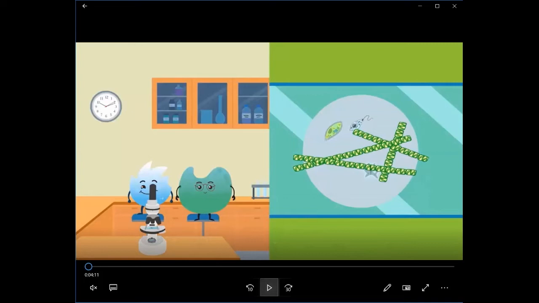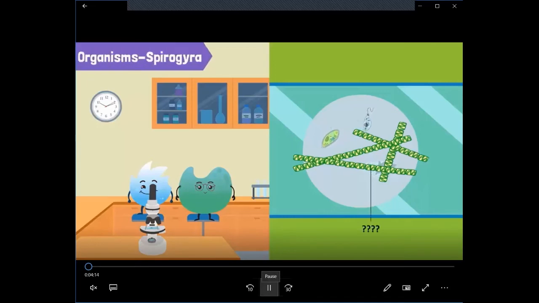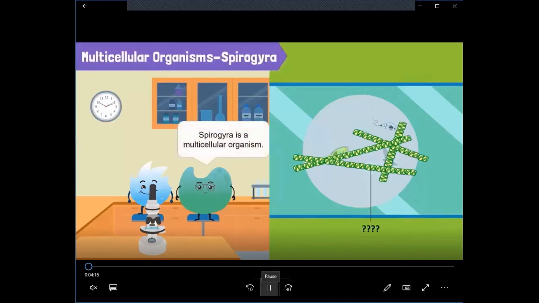No, they are not unicellular organisms. That is called spirogyra. Can you say it? Spirogyra. A spirogyra is a multicellular organism.